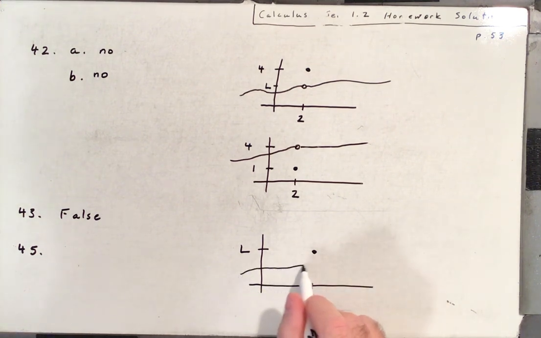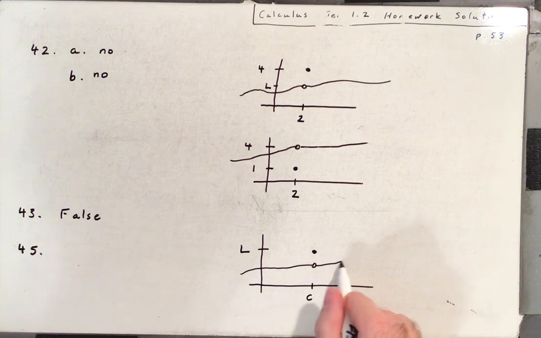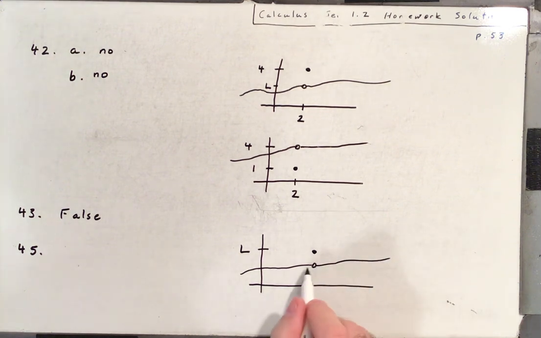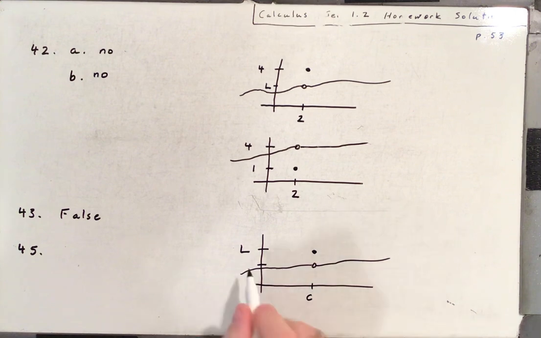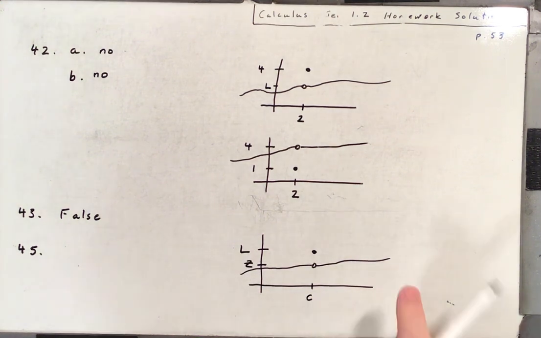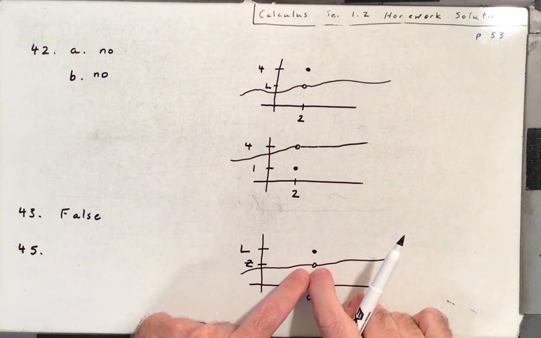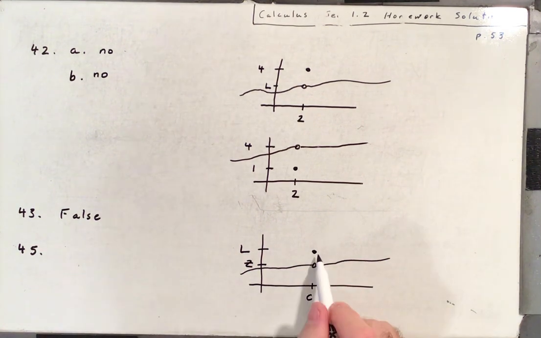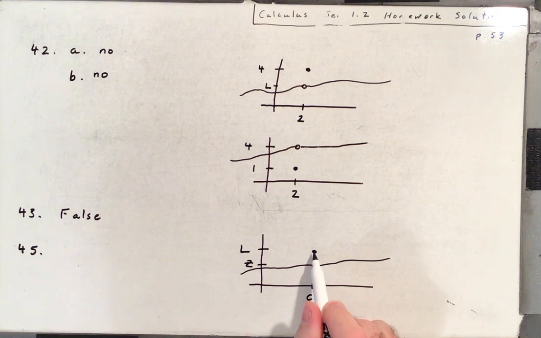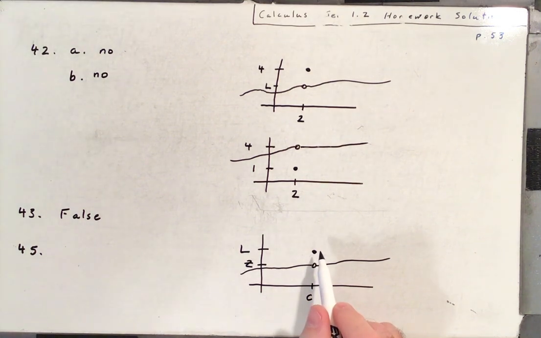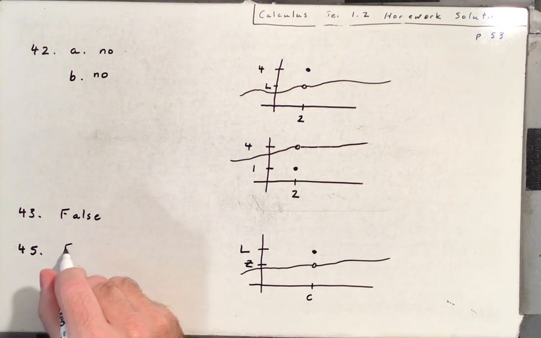So does that mean the limit has to be L? No. We could have a piecewise function like this, where the limit is equal to some other number, let's say z. So the limit, your hands come together when y is equal to z, but the algebra solution is L. So the answer is false. The two don't have to be equal.